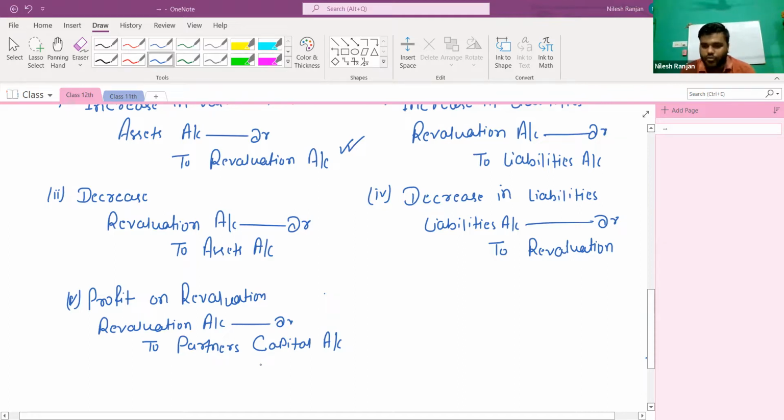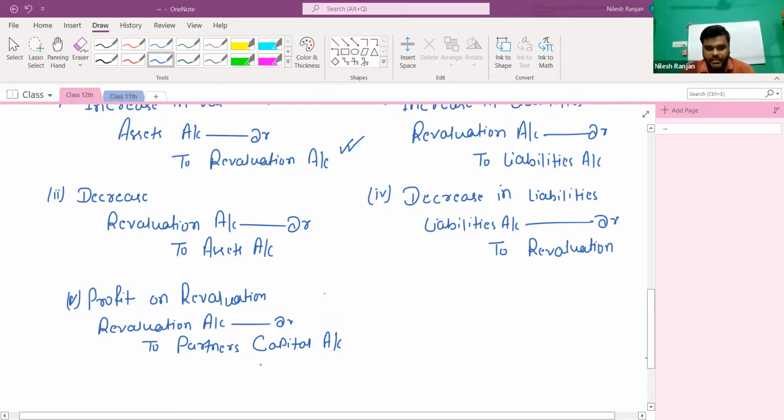If we distribute the profit between partners, will the partners' capital increase or decrease? Sir, it will increase. And if there is an increase in capital, will the capital account be debited or credited? Sir, it will be credited.